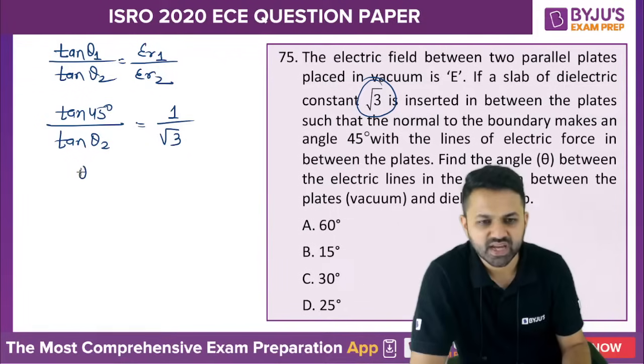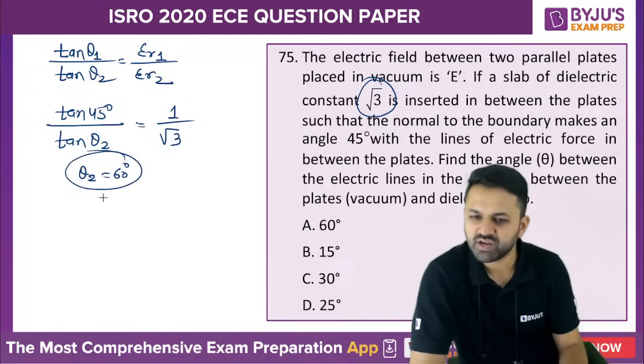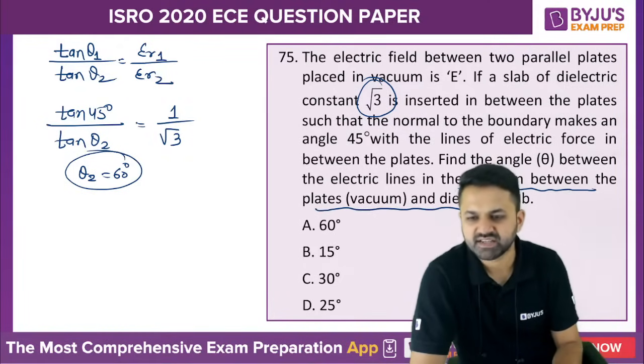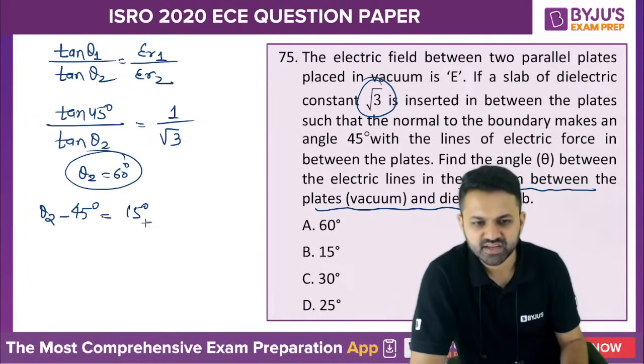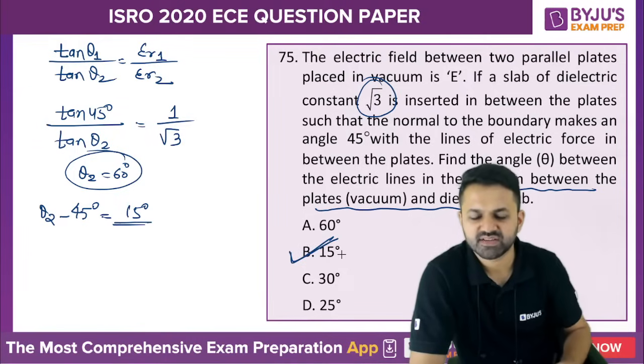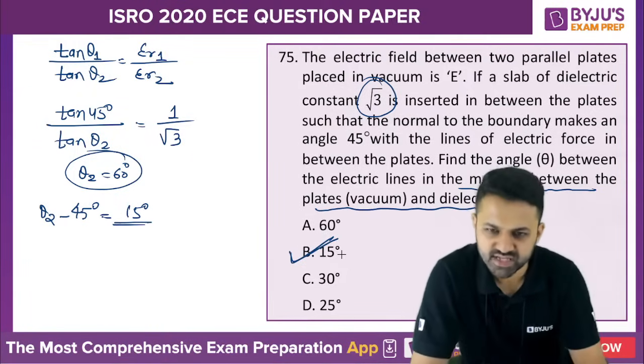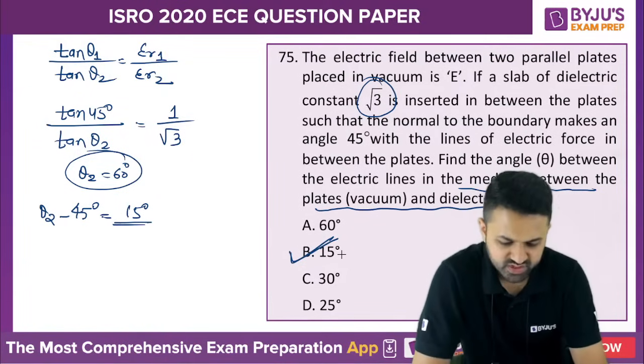So from here, theta 2 is 60 degrees with the normal. The angle between the two is theta 2 minus theta 1, 60 minus 45, which is 15 degrees. So that is our answer. This is a direct question.